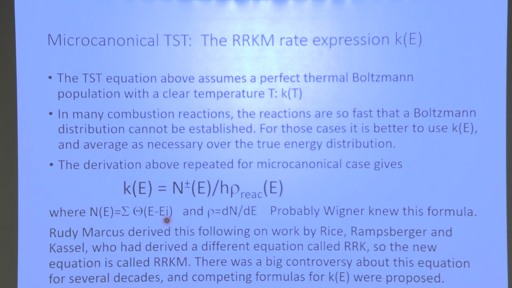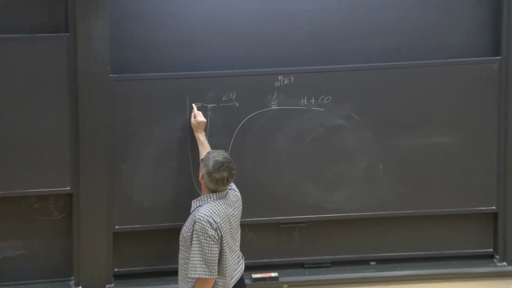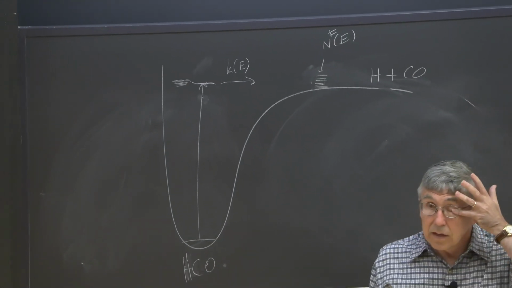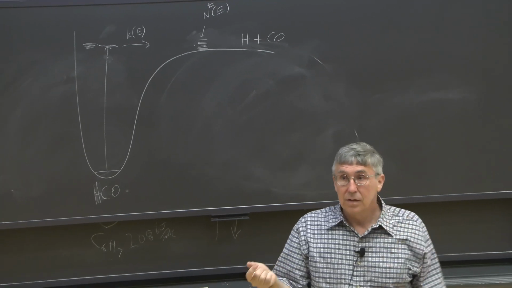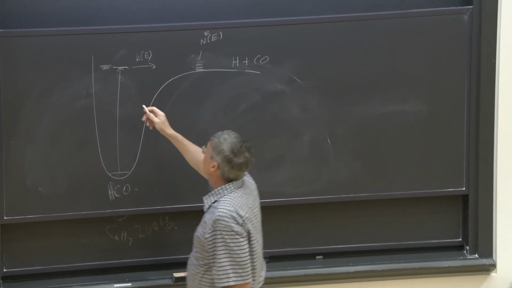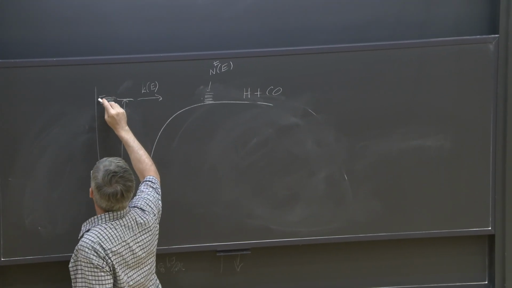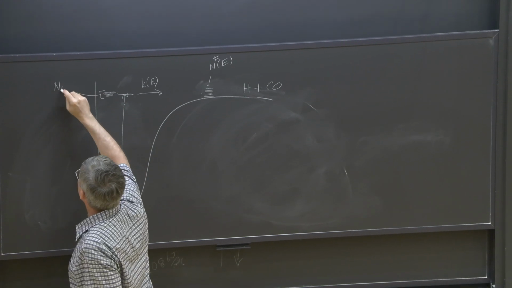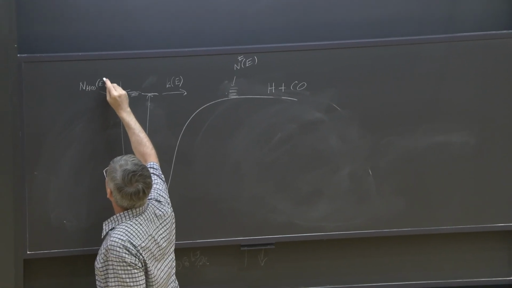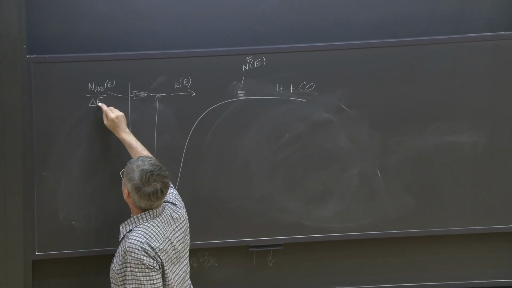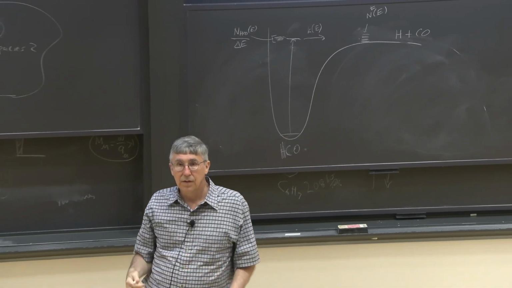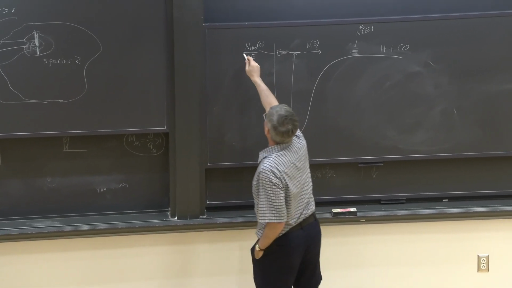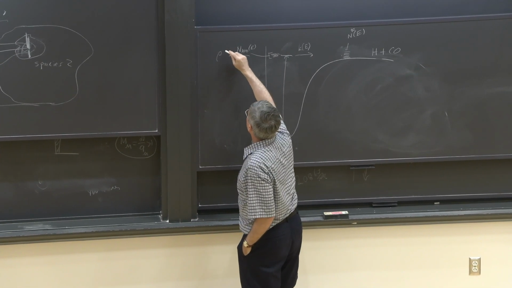And what that is, I put this much energy in, but actually there's several energy states, different quantum states of HCO that have essentially the same energy. And if I take the number of these states, the number of HCO energies, and I divide them by the delta E, maybe it's the width of the photon energy, the uncertainty of the photon energy, this thing would be rho of E.